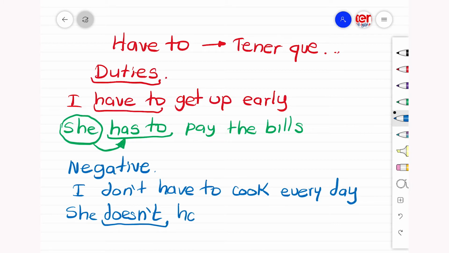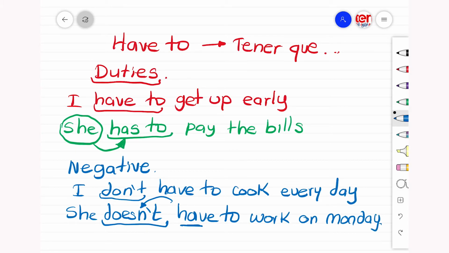She doesn't have to. Y acá no voy a utilizar has, ya que tengo mi auxiliar. She doesn't have to work on Monday. Can you see the difference? This is lack of necessity.